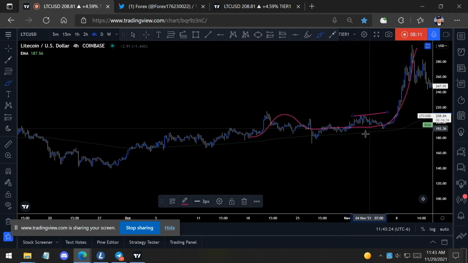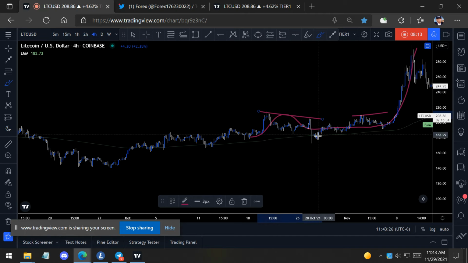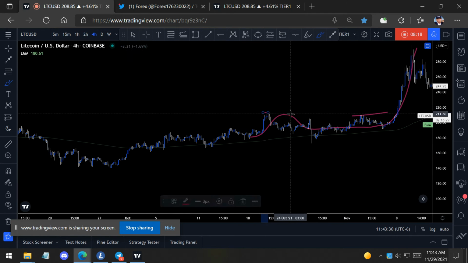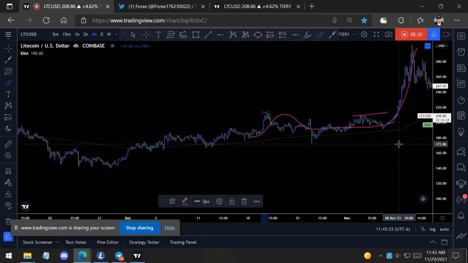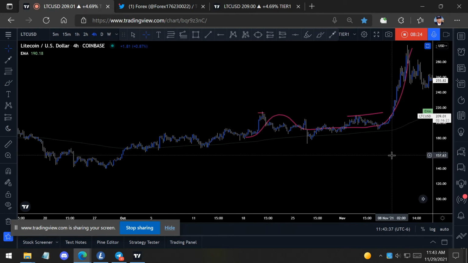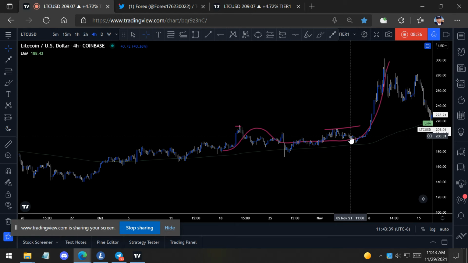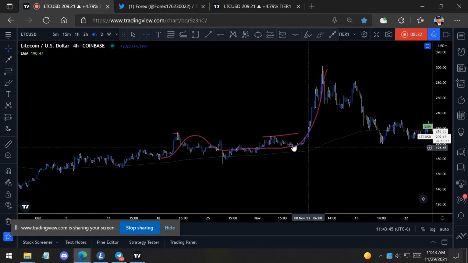Okay, so that breaks previous structure to the left, right here. We're looking at, if it falls down to here, maybe these will be support levels. We're just making a guess. So this 191 would be my X leg. This would be my impulse leg right here.